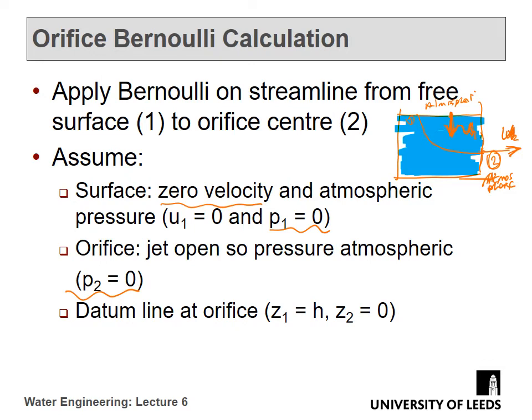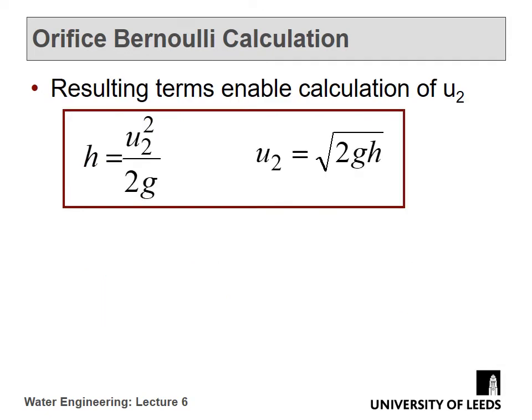Okay. So what have we got from our Bernoulli equation? We apply the Bernoulli equation, rearrange it, and we get H equals U squared over 2G, which, if we rearrange, gives U equals root 2G times root H. This is quite an interesting equation.